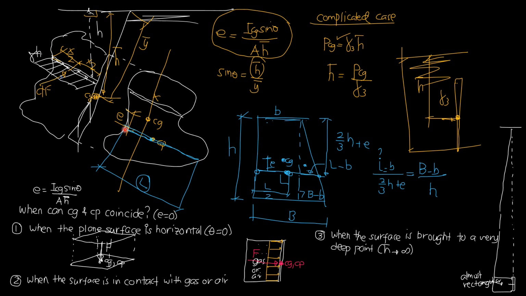We will call the length of the line through the center of pressure L. In the derivation, we consider this strip here, and every point on this strip is equidistant from the liquid surface h. That means the pressure, which is equal to gamma times h, is constant or uniform. So this pressure diagram is rectangular.